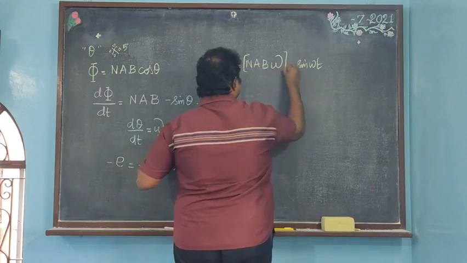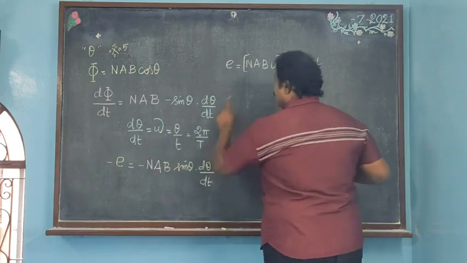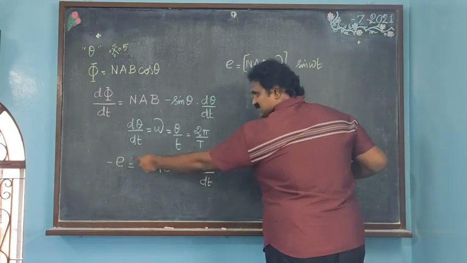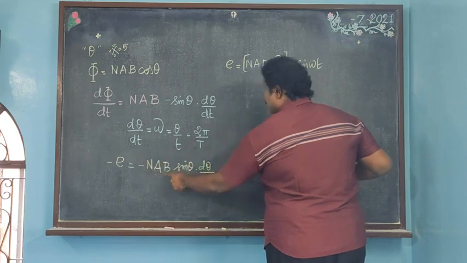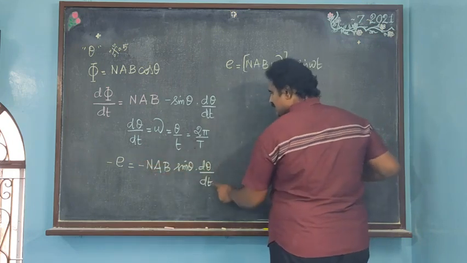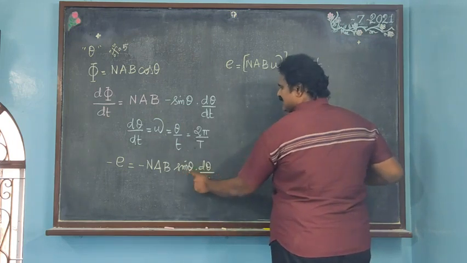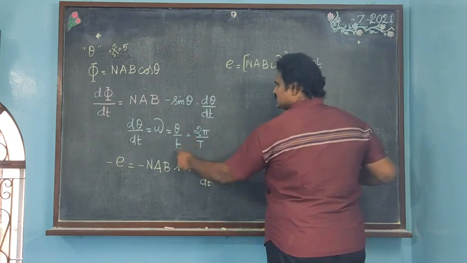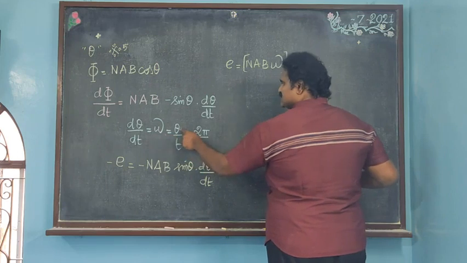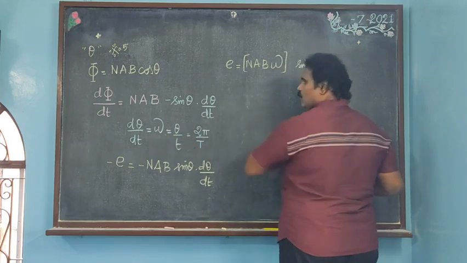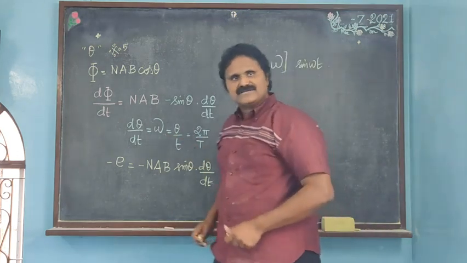So I can write this equation as E, and minus and minus get cancelled there, N A B, d theta by dt is equal to omega, right? Instead of sine theta, I substitute omega t in place of theta. Are you understanding what I am saying here?